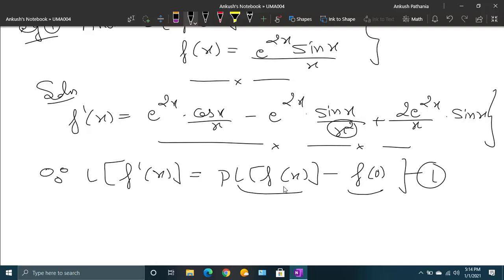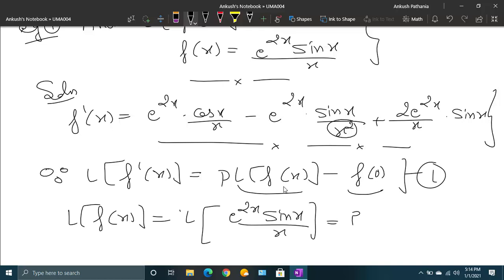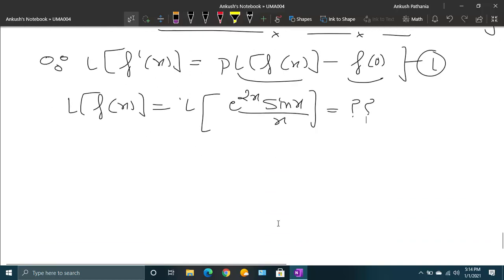These are the only two things we have to do. First we find the Laplace of the function e2x sin x upon x. To find this, two properties are used: fx upon x, and the first shifting property with e raised to 2x.